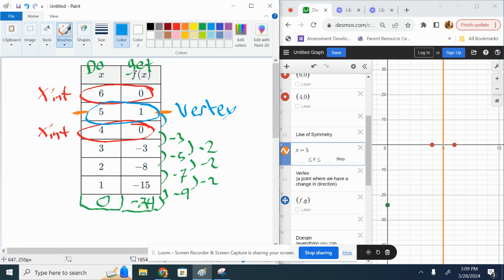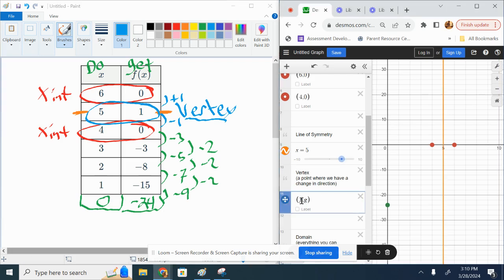Right here, if we're counting this as -1, this one over here is actually a +1. Notice that we are changing direction from increasing to decreasing. That's how we know that it has to be our vertex. So our vertex, let's write that down here, is when I do 5, I get 1.